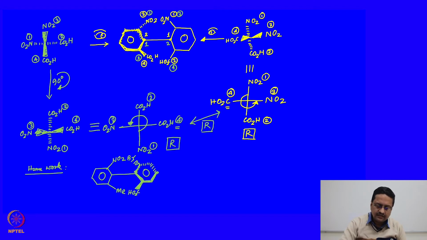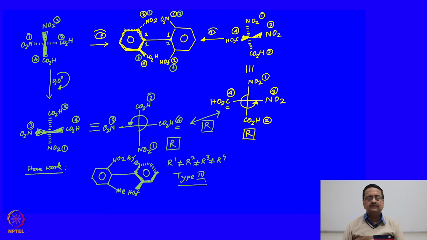You can see that here the 4 groups R1 is not equal to R2, is not equal to R3, is not equal to R4. This is a type 4 molecule in this series, and you should try to find out what the absolute configuration comes out for this particular molecule.